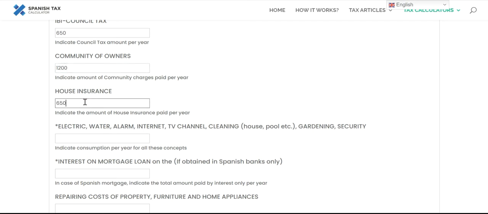The insurance for these years for the property was 650, and the electric that you have paid for the whole year has been 1,200, but you have also paid alarm, internet, cleaning for the pool, gardening, etc. You keep all these invoices, and then the full amount arrives up to 3,000. I repeat, it is not necessary for this calculator that you prorate. You just include the full amount paid for these concepts on the year.